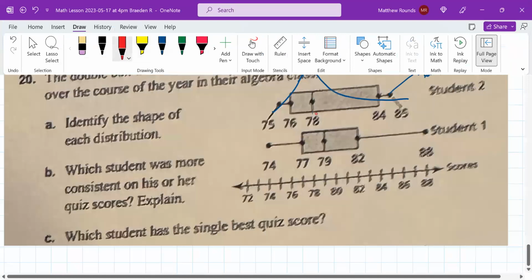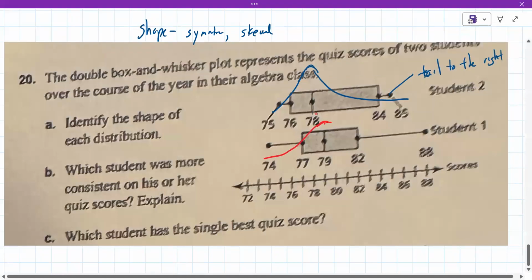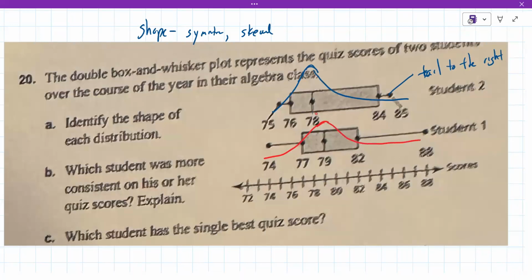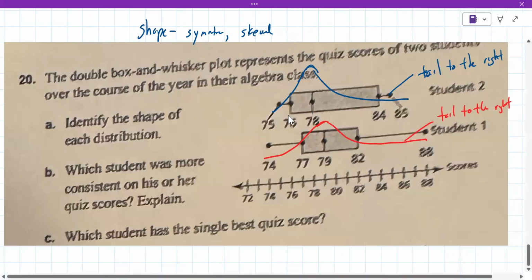So the first one is skewed right. The second one, I'd say they're both tailed to the right, although these aren't distinct enough, but you might be able to say the first one has a little bit of symmetry in it, but they're really both skewed. The second one looks like the student was more consistent.